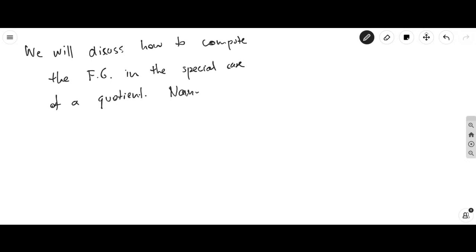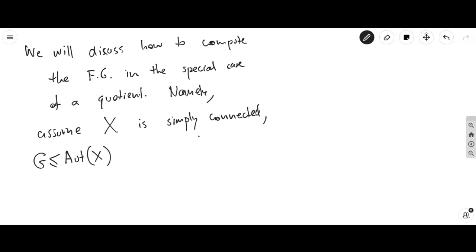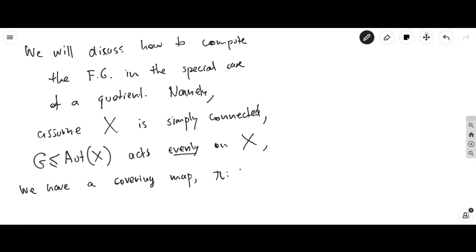Namely, we're going to assume that X is simply connected, and G, some subgroup of automorphisms, is a group that acts evenly on X. And so we have a covering map pi from X to its quotient.